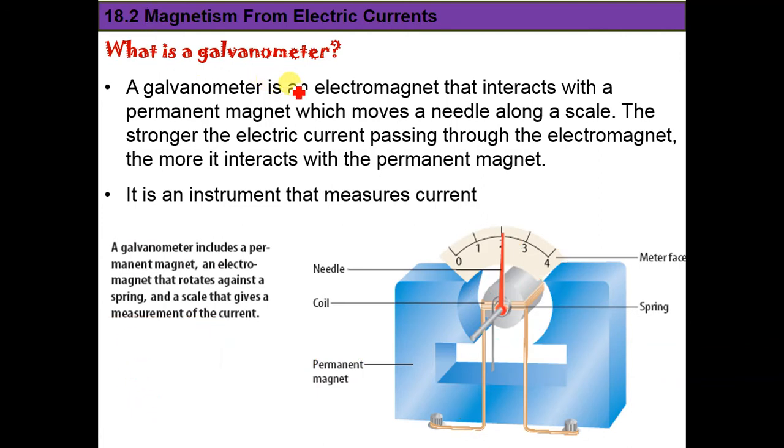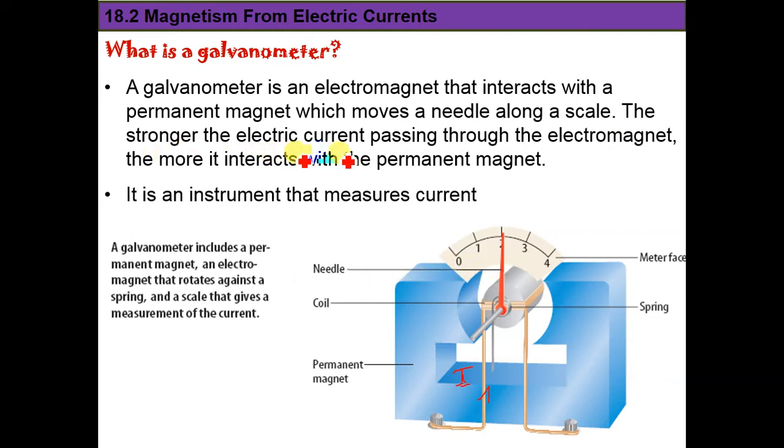A galvanometer is an electromagnet that interacts with a permanent magnet around it. The stronger the electric current that passes here, girls, it means the stronger this electromagnet will be, and the stronger the magnetic field it will create. Therefore, it will rotate more, and the reading will be more.